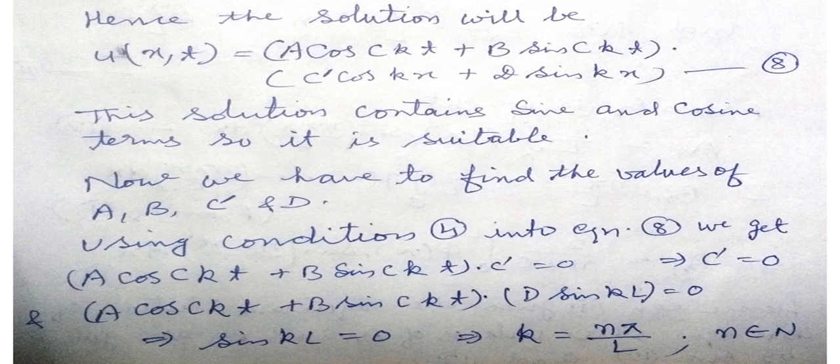And similarly, (A cos ckt plus B sin ckt) into D sin kl equal to 0. Now since the quantity in the first bracket cannot be 0 and D also cannot be 0, because in that case the whole solution will be 0, so we have the choice as sin kl equal to 0, which gives k equals n pi upon l, where small n is a natural number.